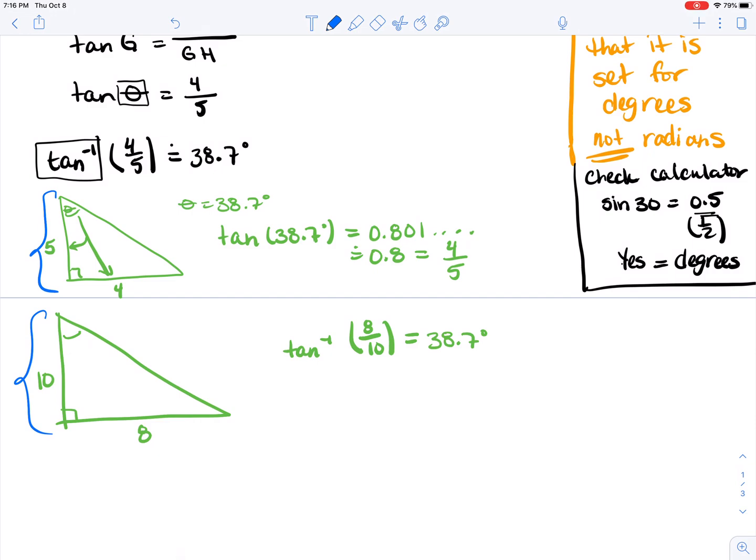The angle will not change, even though the length of our sides changes. So that is important to remember, that if the lengths of sides change, the angle degree does not. So as long as we can come up with 0.8, which is our opposite over adjacent, then the degree, when I put in my inverse tan, will always come up with 38.7.